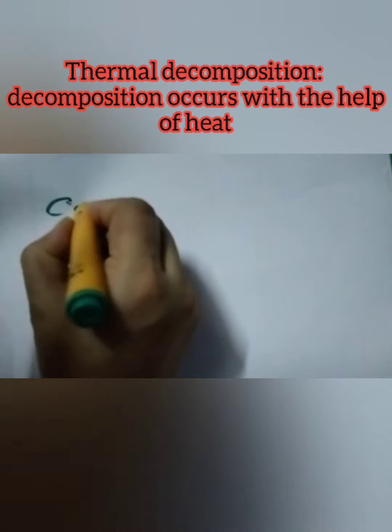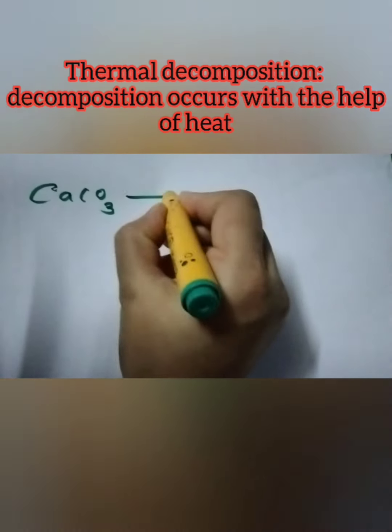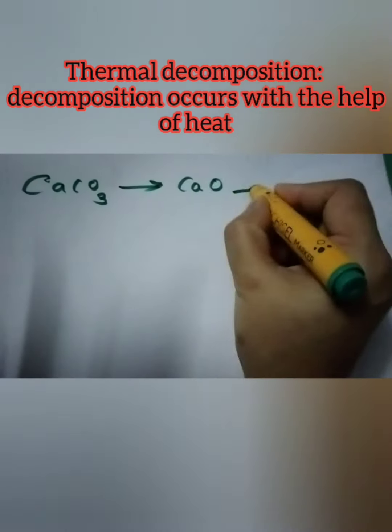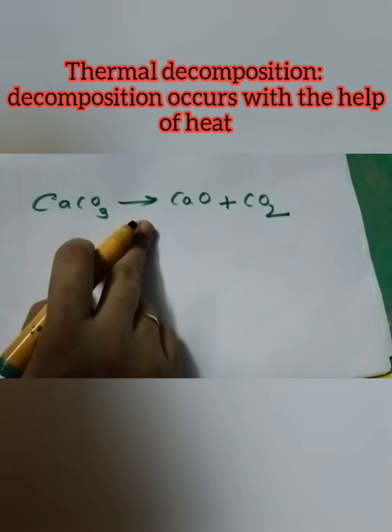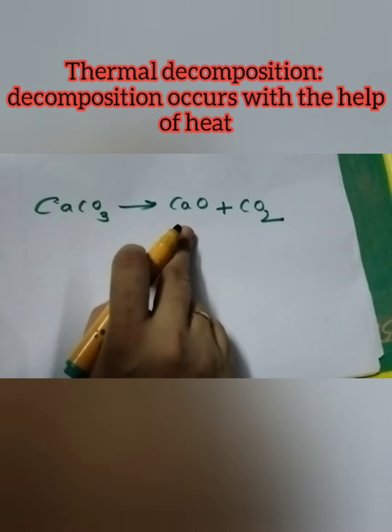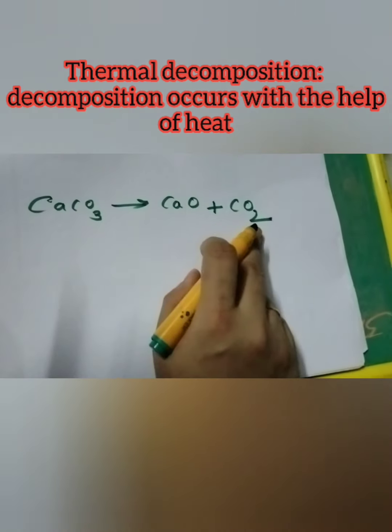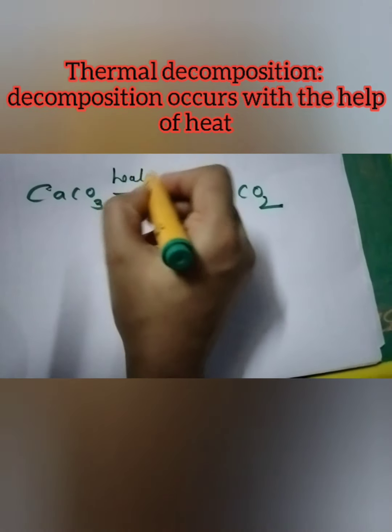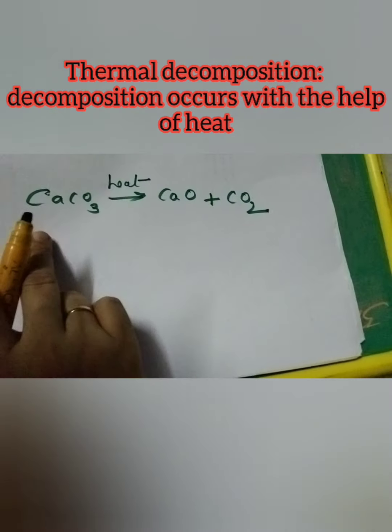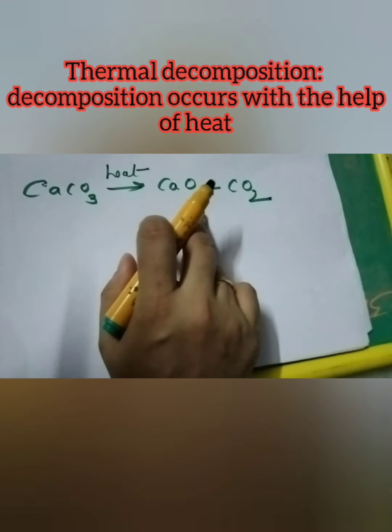Calcium carbonate on heating decomposes into calcium oxide and carbon dioxide. This is called thermal decomposition because decomposition occurs with the help of heat. A single reactant breaks down into two or more products.